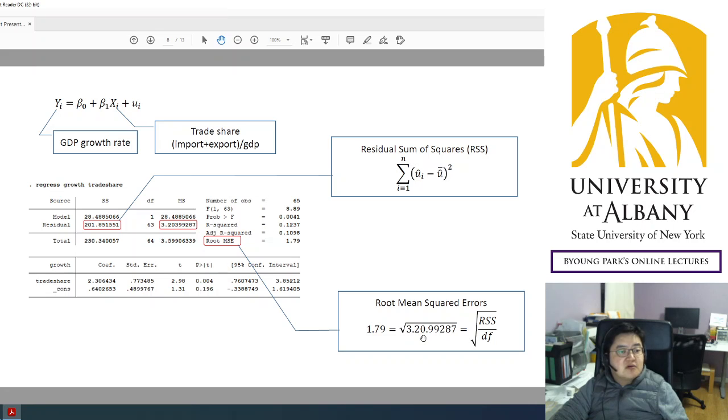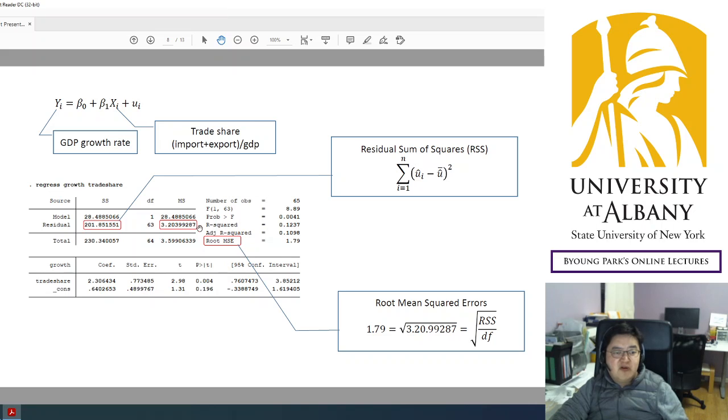Oops, there is a typo. What I meant here is that what comes here is the mean squares. The mean squared residual is 3.203 something. If you take the root, that becomes the root mean squared error.